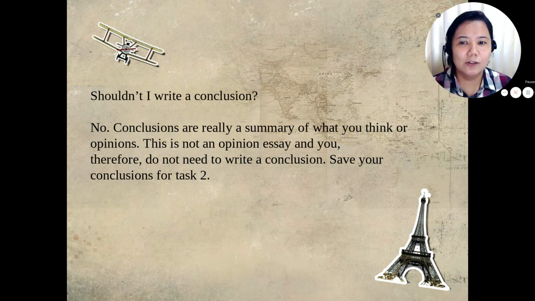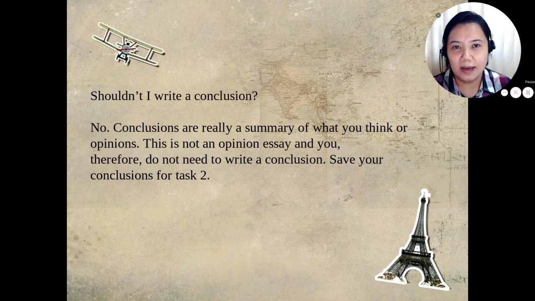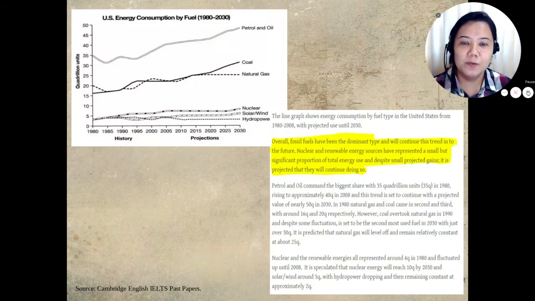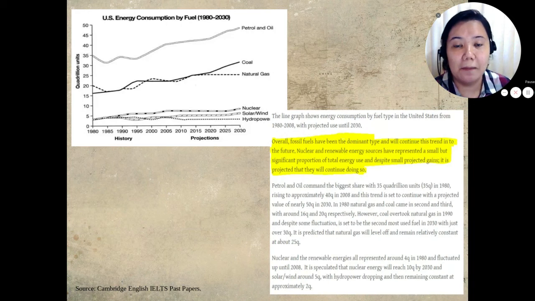Shouldn't I write a conclusion? No. Conclusions are really a summary of what you think, or opinions, so better leave these out for your task 2. This is not an opinion essay and you therefore do not need to write a conclusion. Just remember that. What we can see on the slide is an example of how the structure should be.